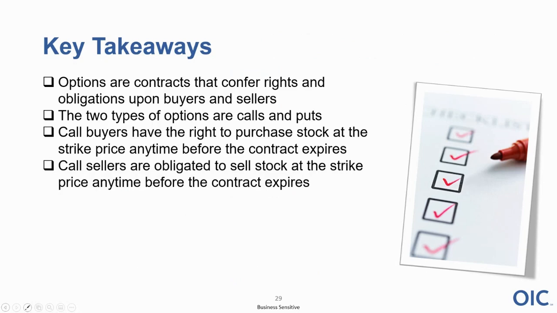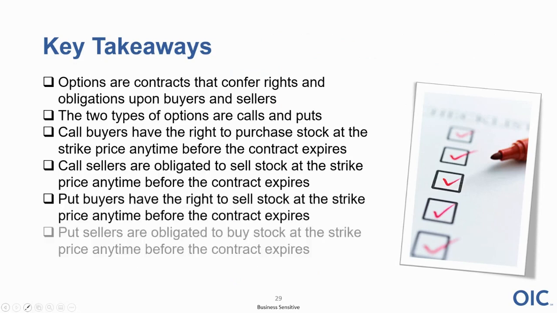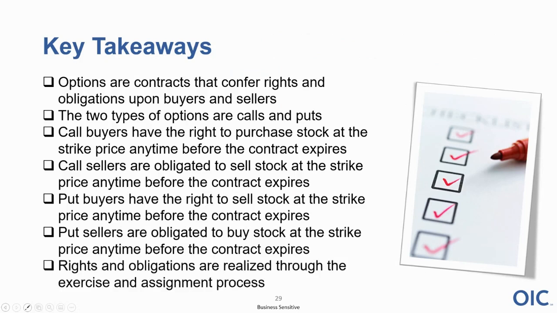Call sellers are obligated to sell stock if they get assigned, right? They fulfill their obligation. Puts are the opposite. Put buyers have the right to sell stock. Put sellers have the obligation to buy stock. And again, those rights and obligations are realized once the exercise and assignment process occurs.